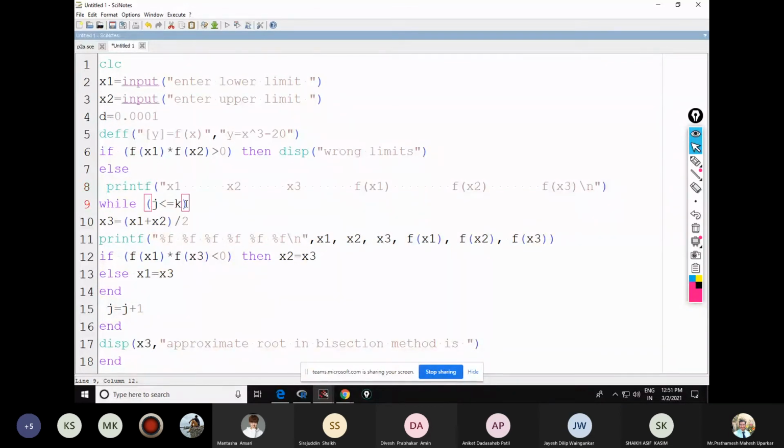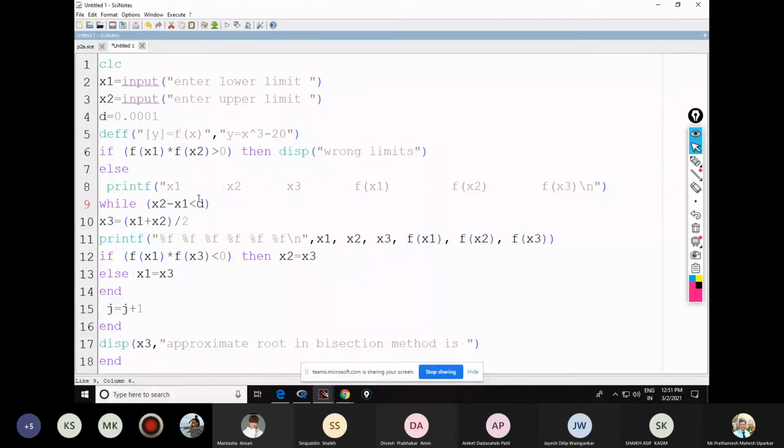So while, what I will write, the previous value, that is x2 minus x1 is less than d, that is this particular limit, we have to repeat the iteration.